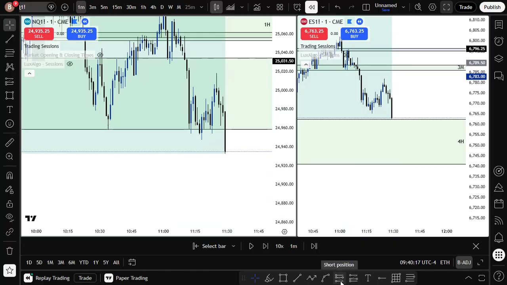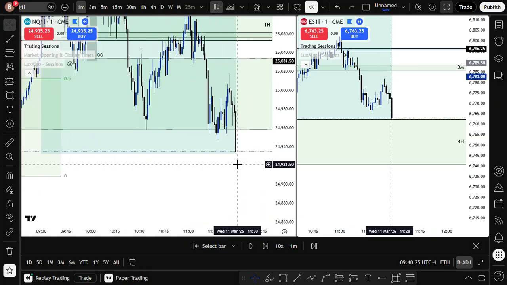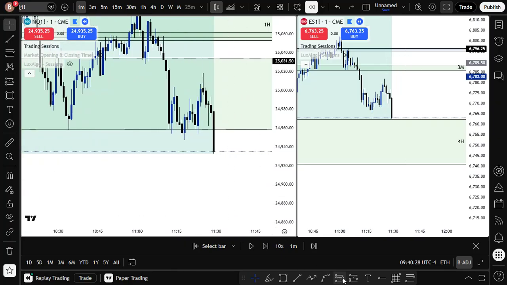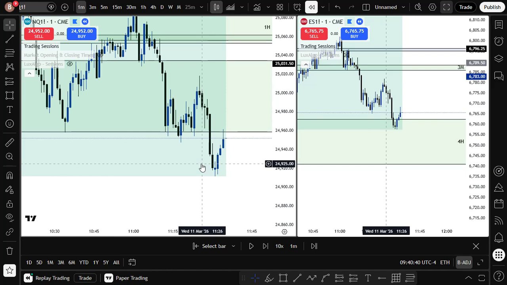So if I wanted to enter immediately, I would definitely go here for the trade. In case I would be more conservative, which I actually am, I would wait for the retest, and then react.